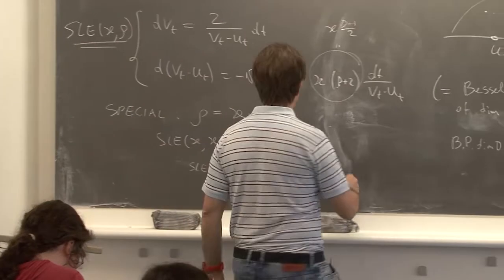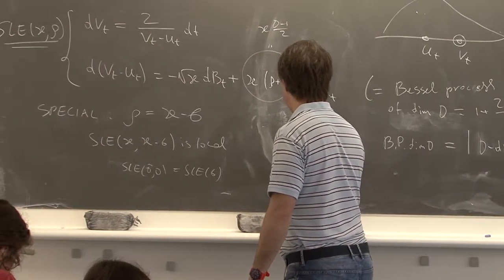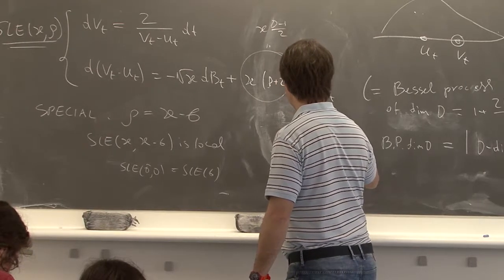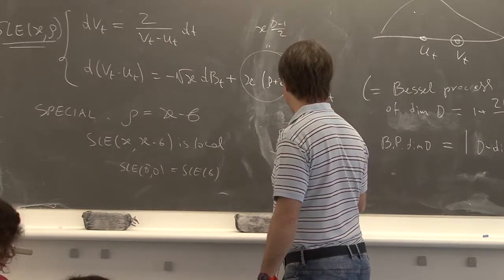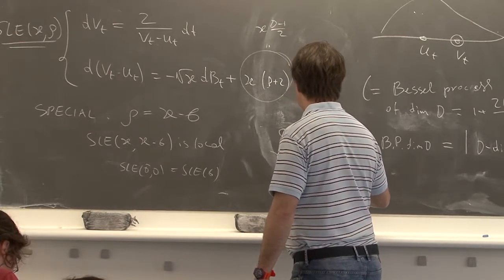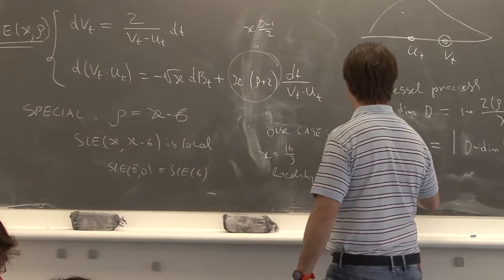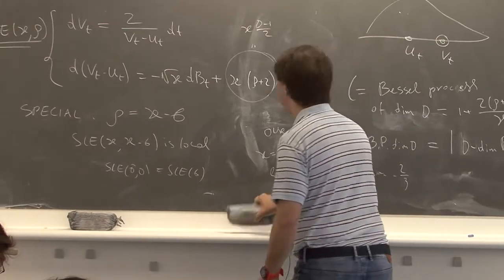So in our case kappa equals 16 over 3, and locality means rho is equal to 16 over 3 minus 6, so minus 2/3. So we know what we should get.